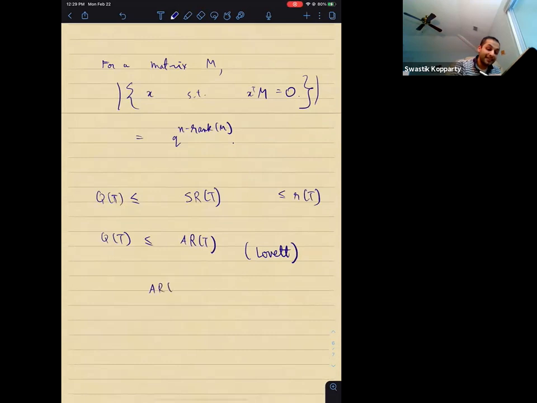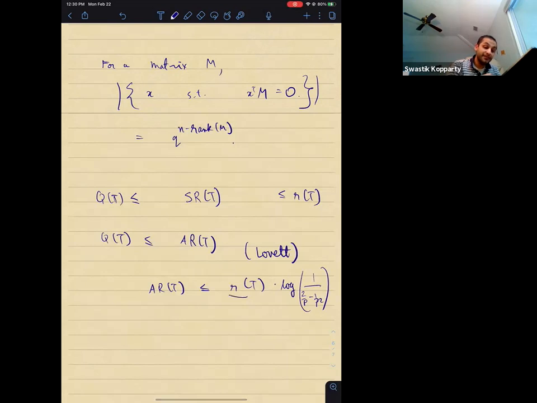Also, analytic rank is at most rank times log of 1 over 2 over p minus 1 over p squared.